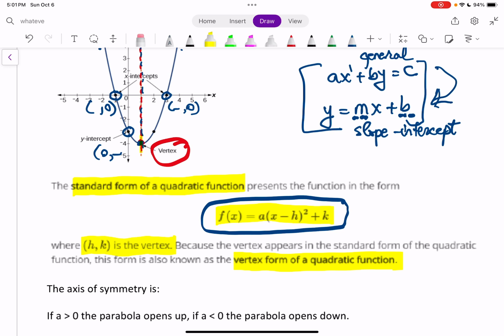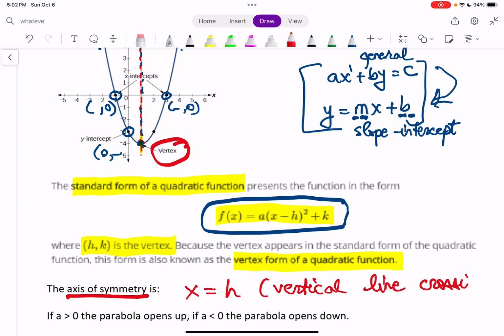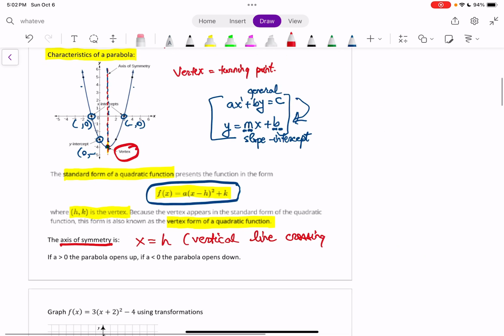Okay. Now, if the quadratic function comes to us in this format, then of course the axis of symmetry will be the line, the vertical line crossing through the vertex. And so, of course, a vertical line always has equation x equals a number.